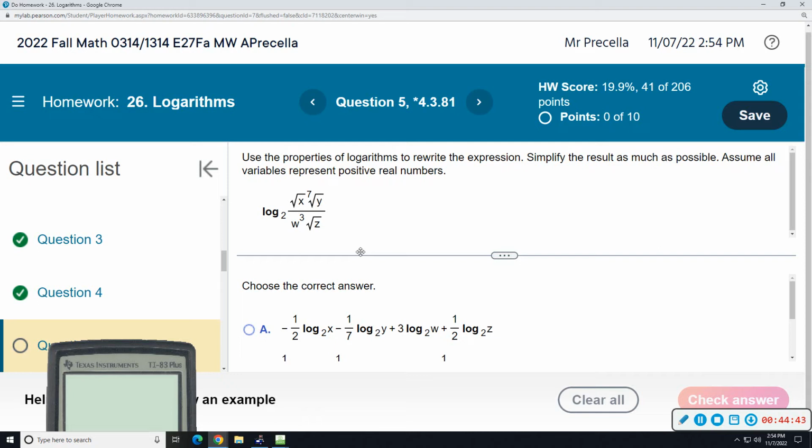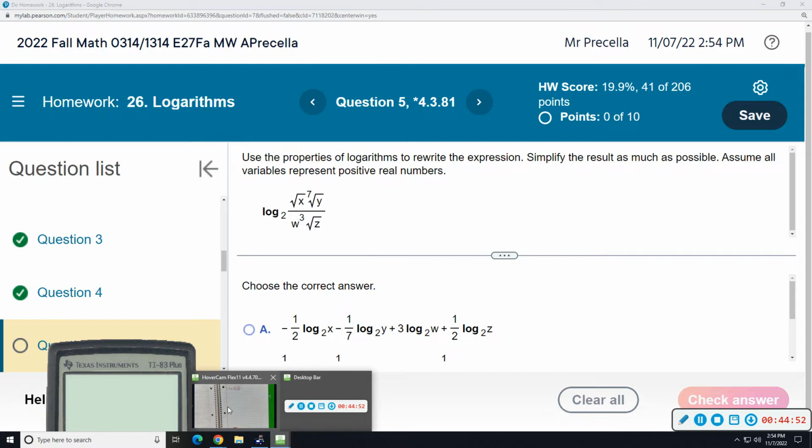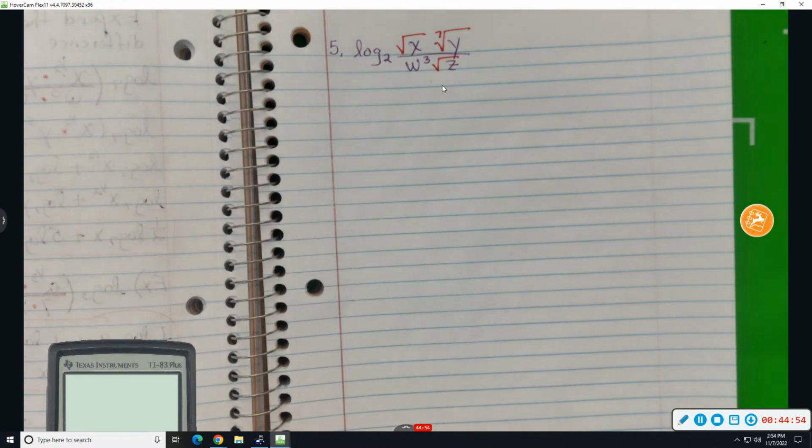Well, at first glance, this one looks harder than the one I'd done because of those square roots and these radical symbols here.